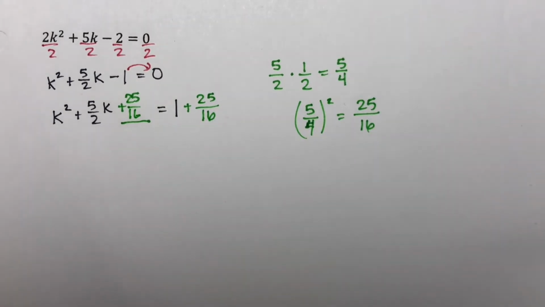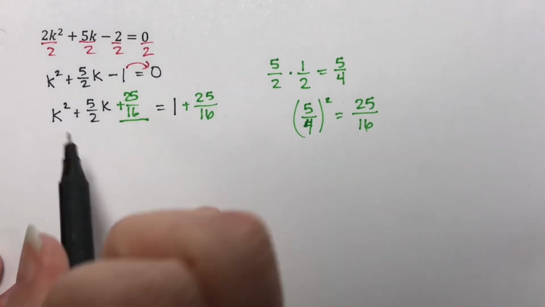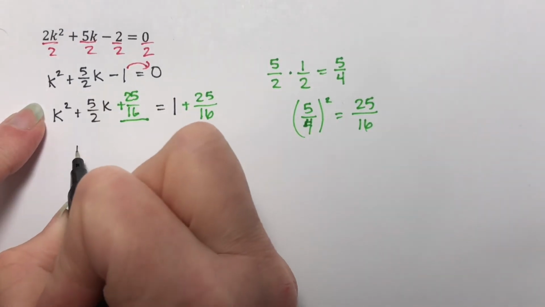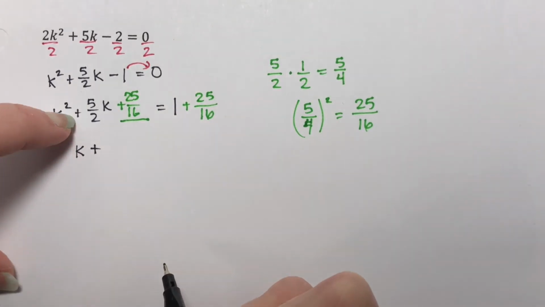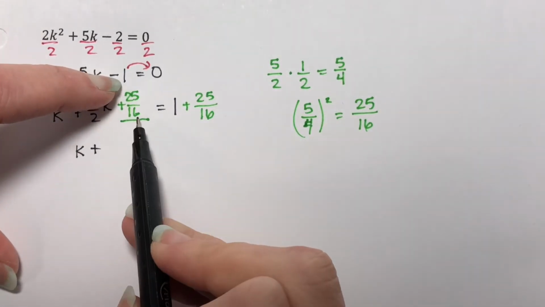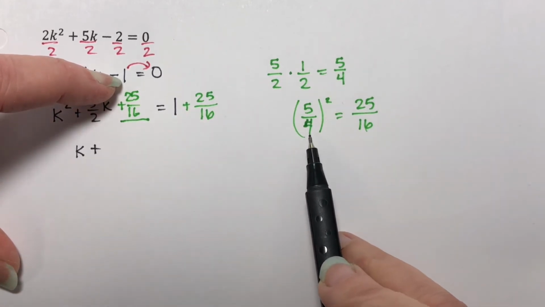Okay, so this should be a perfect square trinomial, and it will factor as the square root of k squared, which is k. This is a plus, so this is a plus. And then I have the square root of 25 over 16. Remember, you can take the square root of top and bottom, but it's always going to be this number right here, the number before you squared it.